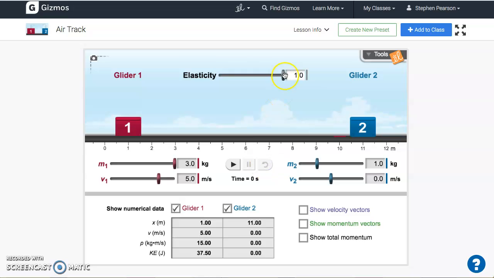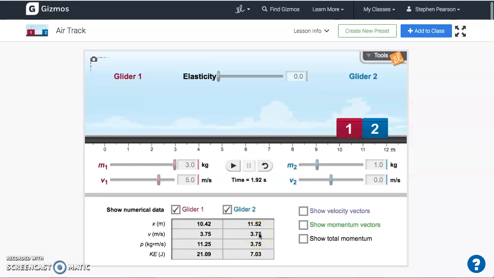On the other end, and again, another really good reason to wear your seatbelt. If I change this into an inelastic collision, I put my elasticity to 0. I can see earlier my velocity changed to 7.5, and now it's literally cut that in half.